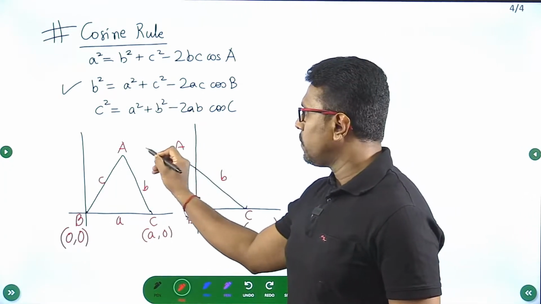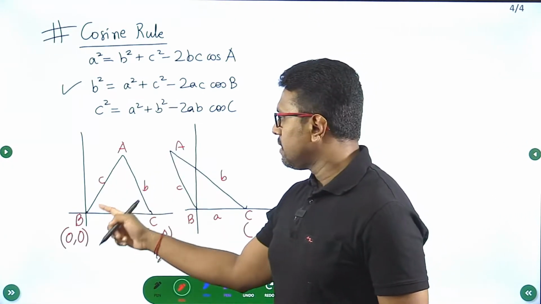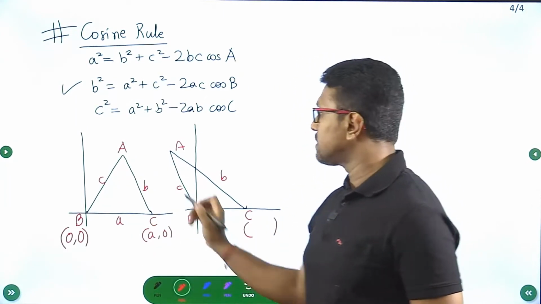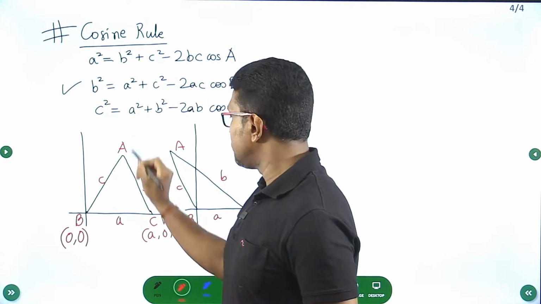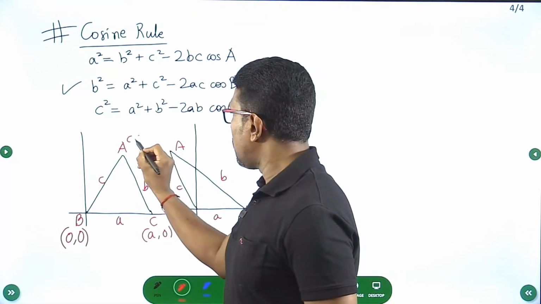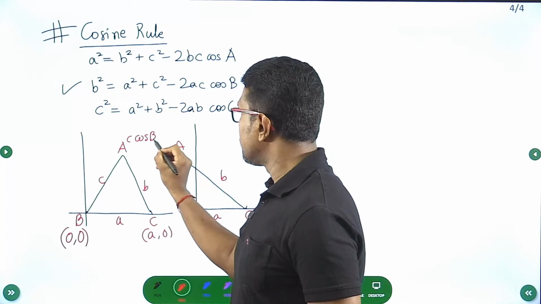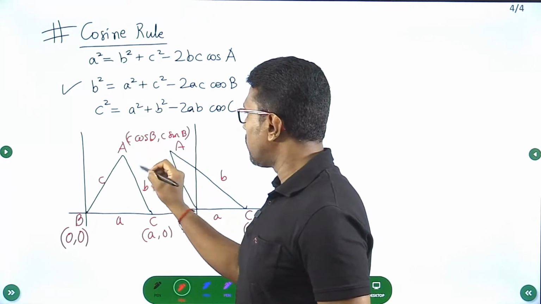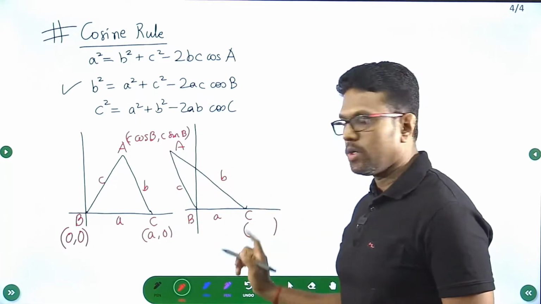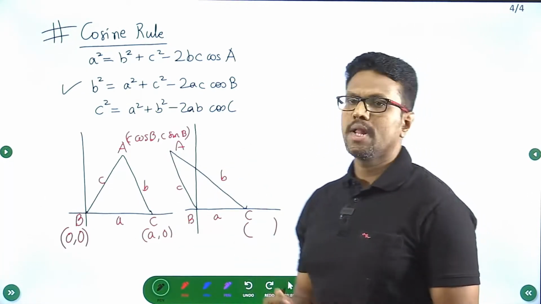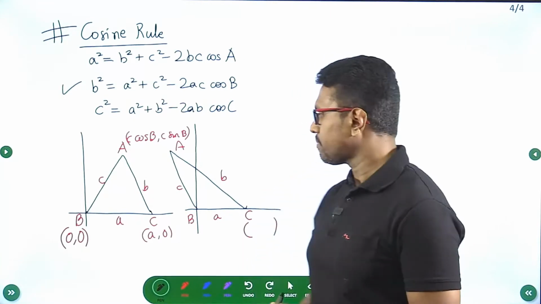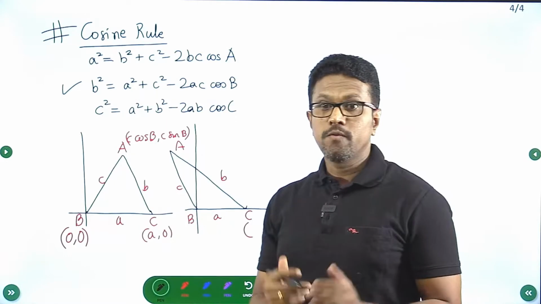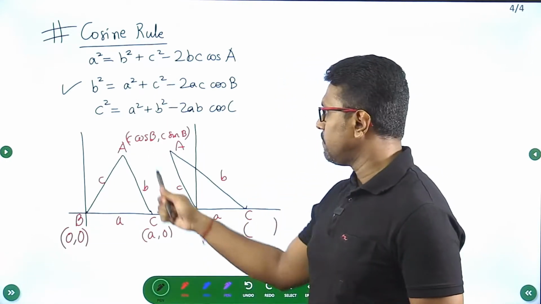In this point over here, the length is c and the angle is B. Using r cos theta, r sin theta, I can write this as c cos B, c sin B. Of course this is for the acute angle triangle and for the obtuse angle triangle too. So for both I can say this is c cos B, c sin B. The origin is here, this is a, 0 and this is the other. Okay, so we have found vertex C and vertex A.